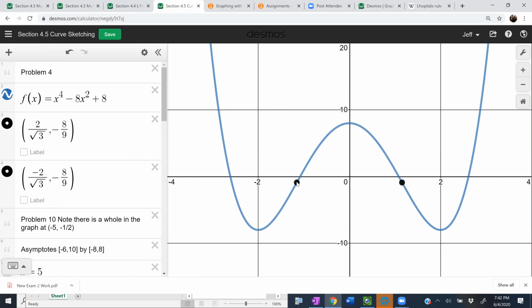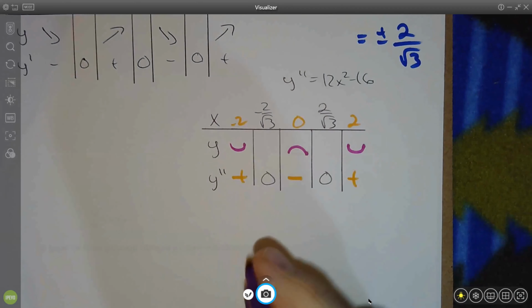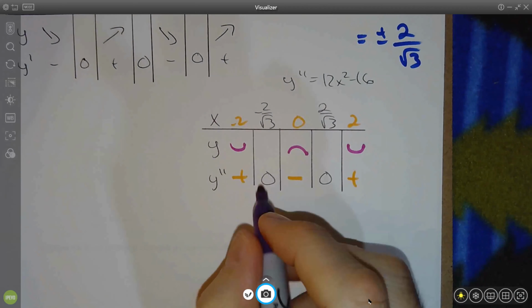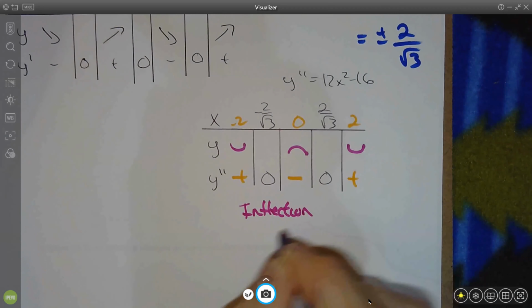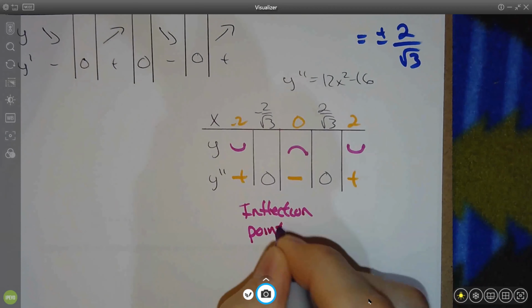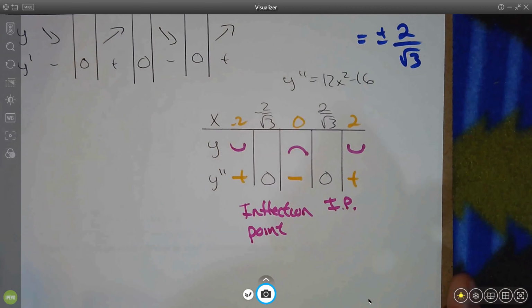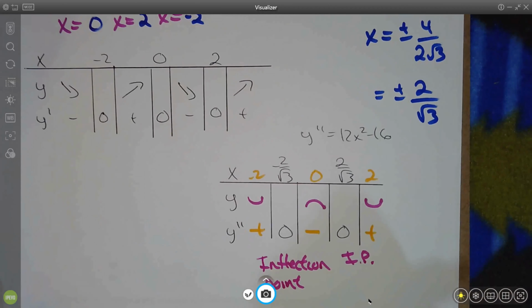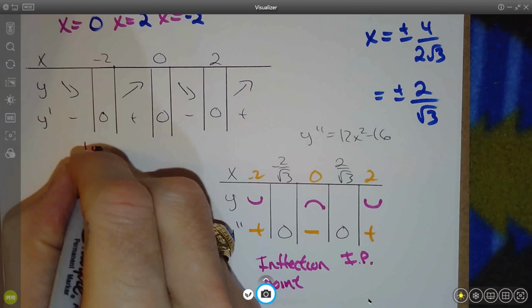Where's the concavity change? By the way, what does that mean I can label these points as? Inflection points. Nice, inflection points. And I'm just going to get lazy over here, IP. This also gives us some information. That's going to be a local, what?